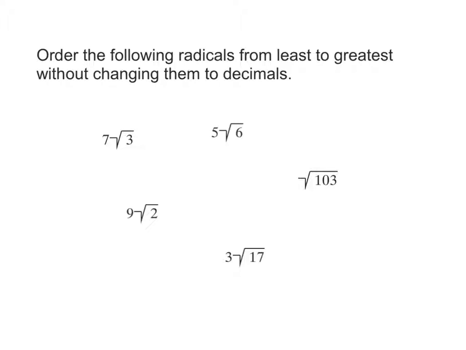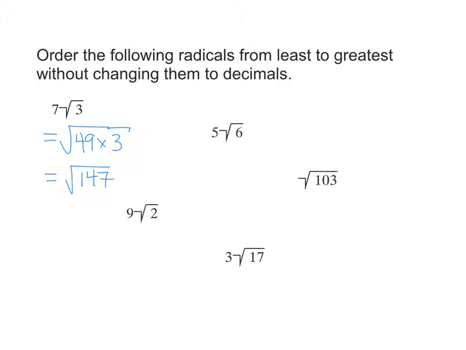But if I take 7 root 3 and I change it into an entire radical, then it will become the square root of not just 7 times 3, but 7 squared times 3, right? So 49 times 3? And what's 49 times 3? No, it's not in a calculator. 147. 147.